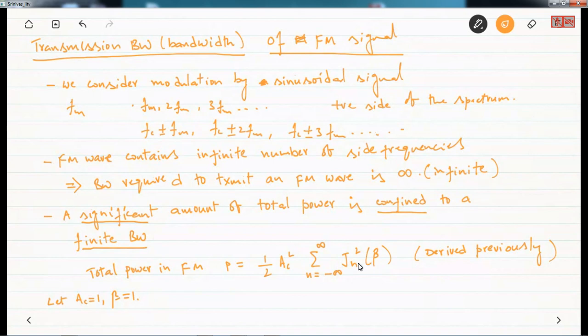Jn of beta is the nth order Bessel coefficient of the first kind with argument beta, right?